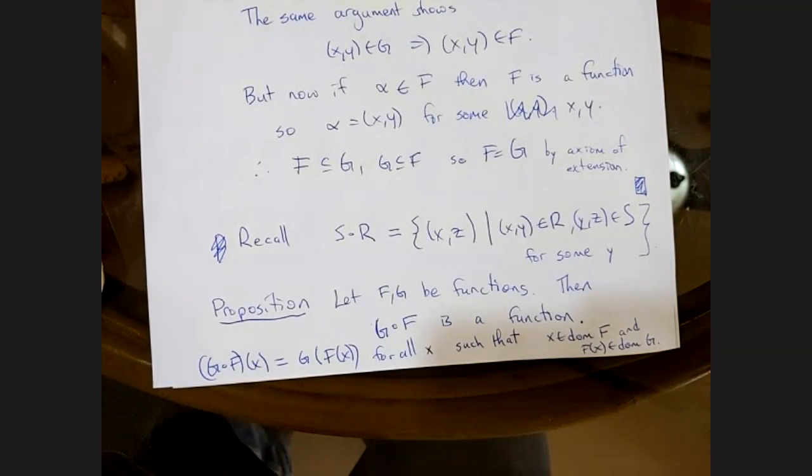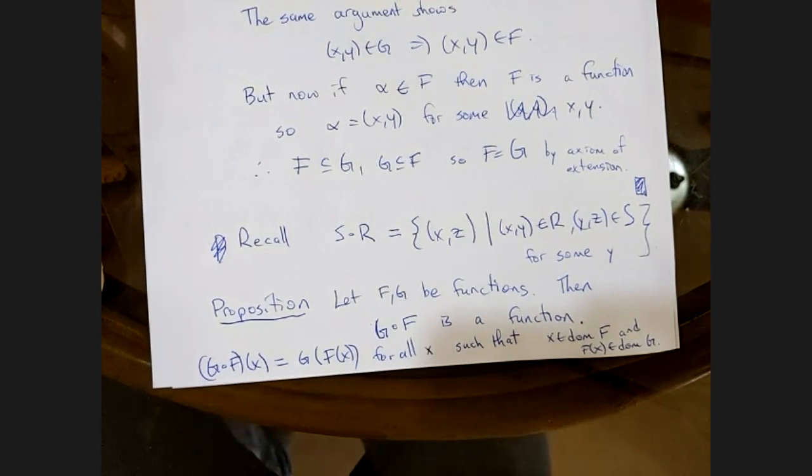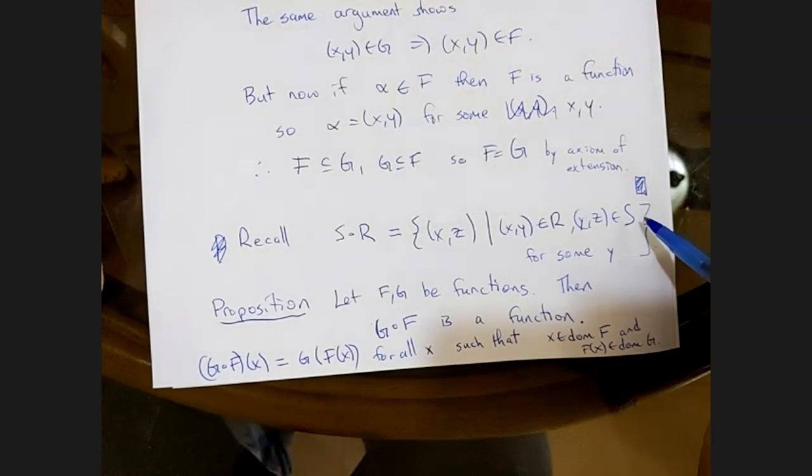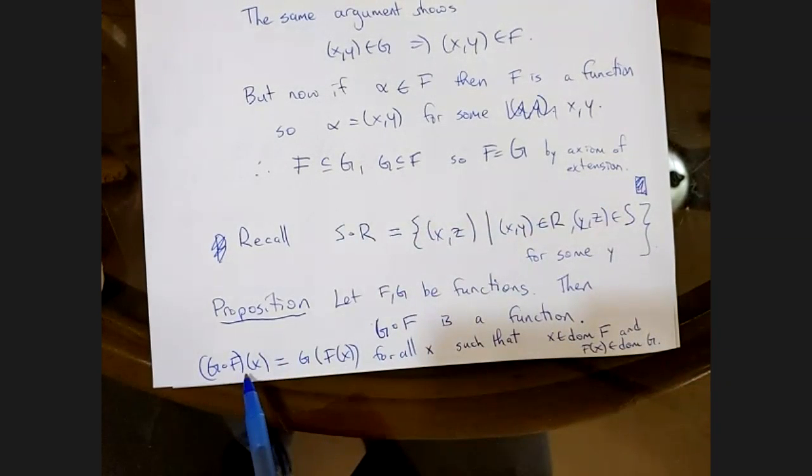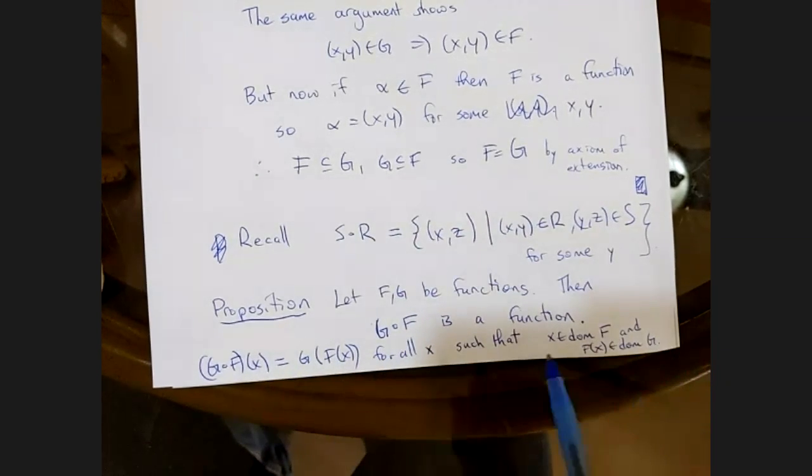Okay. And now, just using this definition of composition, we get what would be the normal definition of composition, which is just that g of f of x is just g of f of x.